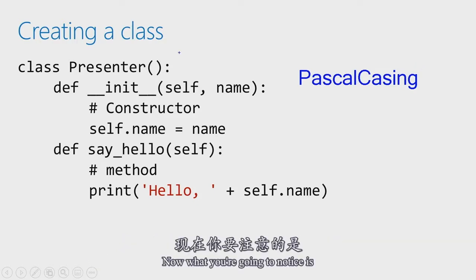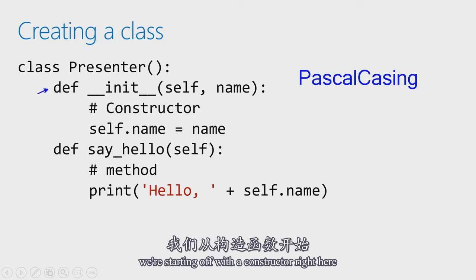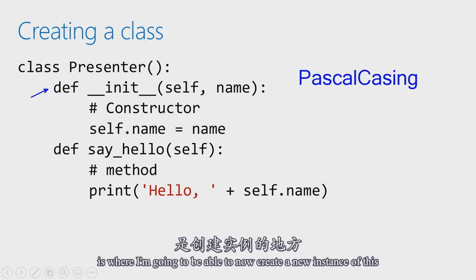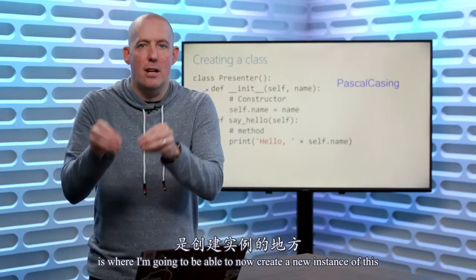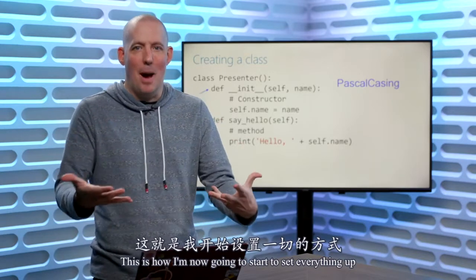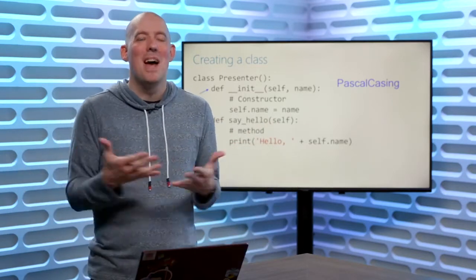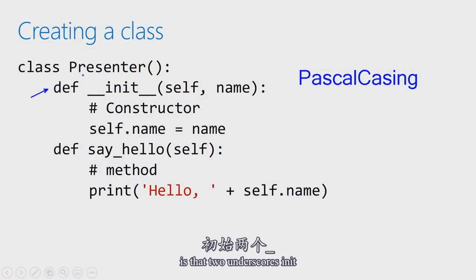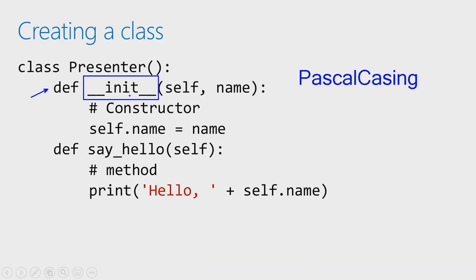Now, what you're going to notice is we're starting off with a constructor right here. Now, a constructor in a class is where I'm going to be able to now create a new instance of this. This is how I'm now going to start to set everything up. I'm constructing it. The syntax in Python to set up a constructor is 2 underscores init and then 2 underscores afterwards.